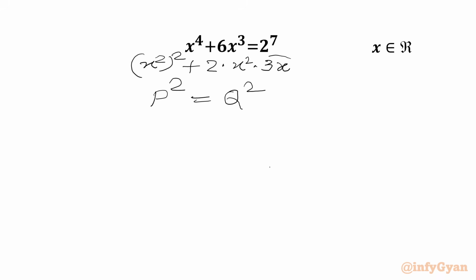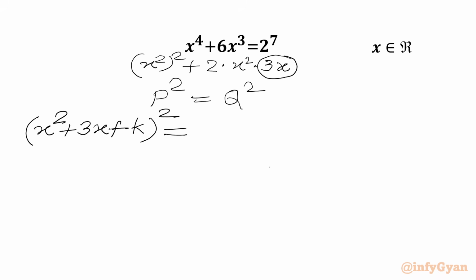So we have 3x as an element of expression. I can rewrite our LHS as x square plus 3x plus k, one constant k, whole square.